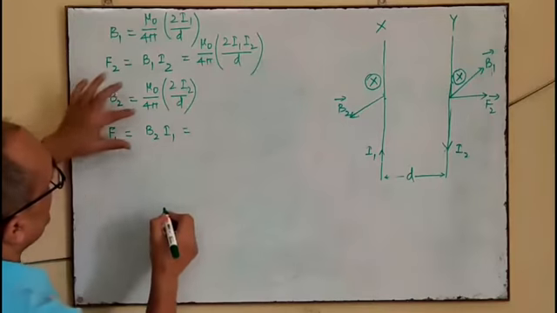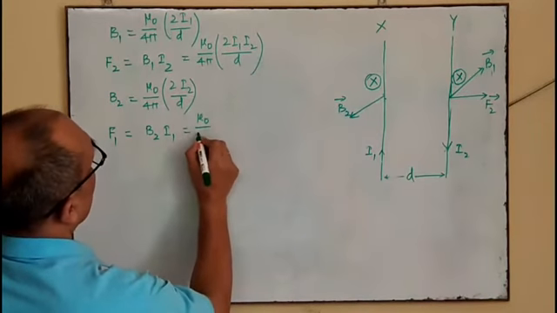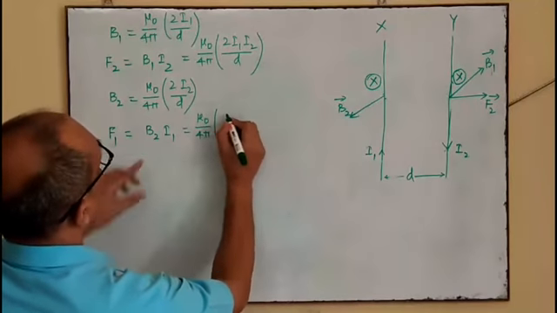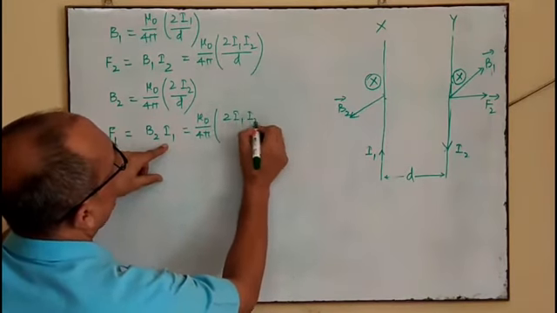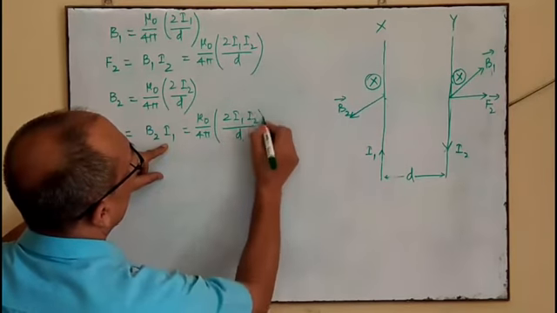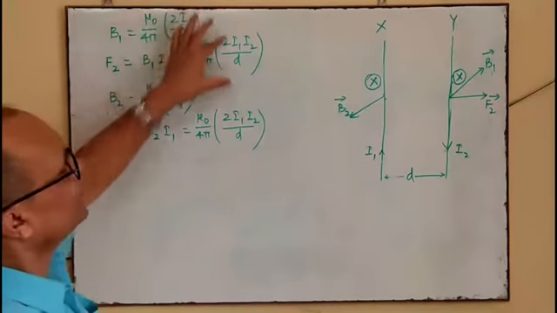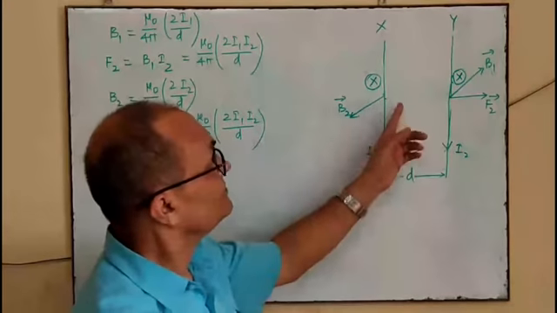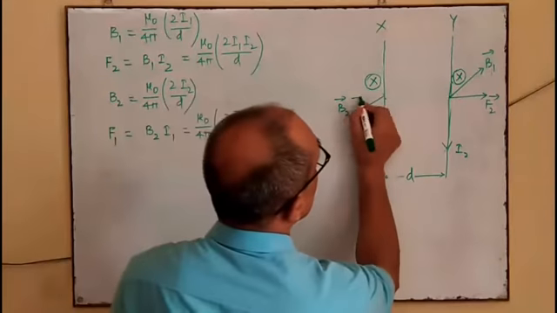Putting the value, this equals mu naught by 4 pi, 2 I1 I2 by D. Again we see that forces F1 and F2 are equal in magnitude, but the direction of the force is away from Y in this direction.